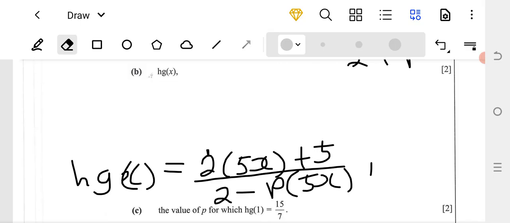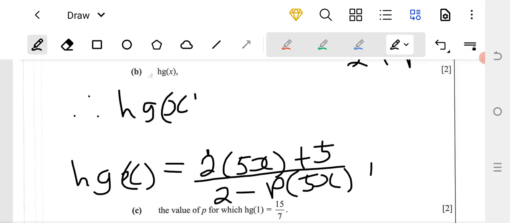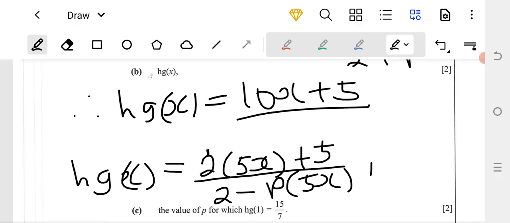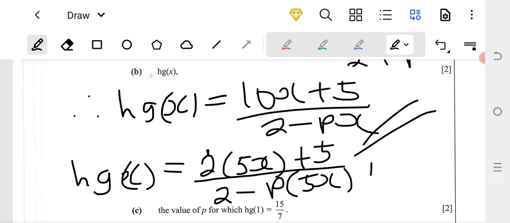So therefore h of g of x will be equal to 10x plus 5 divided by 2 minus px. This is your final answer for h of g.